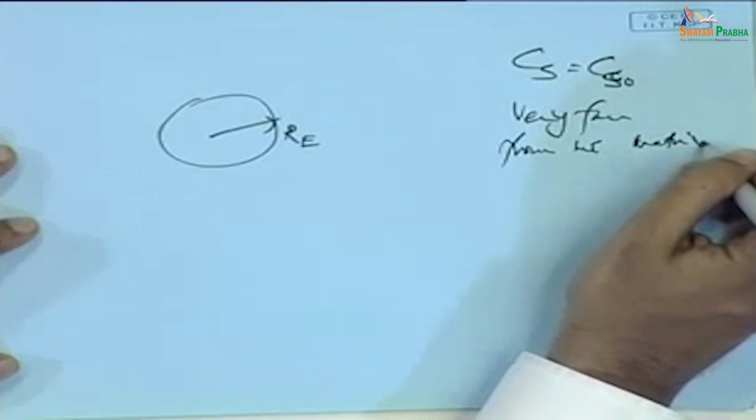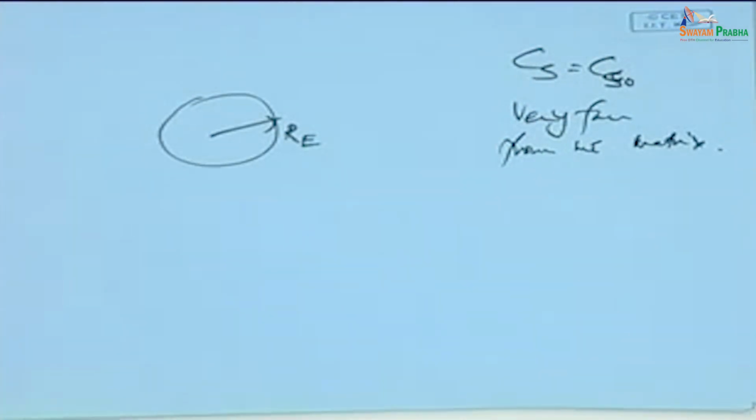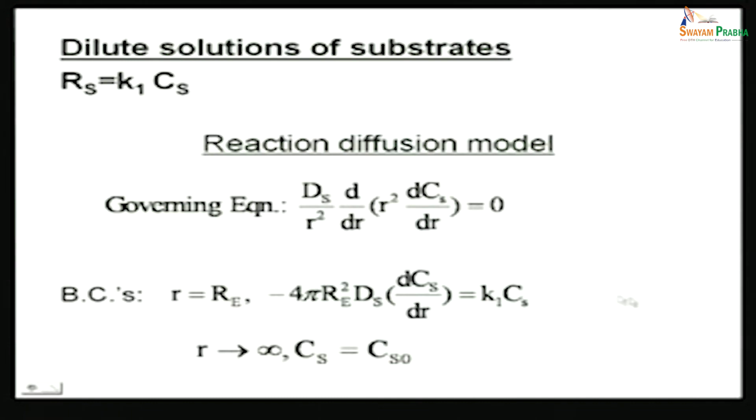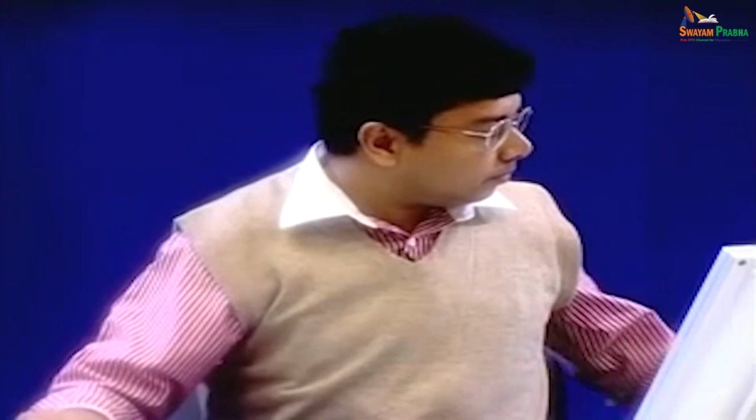We close today because we have completely run out of time. The boundary condition at R equals R_e is given by this, and the other boundary condition is very far, that is R going to infinity, the substrate concentration is a constant given by C_s naught. We will start in the next class from this place and continue. Thank you for your time.